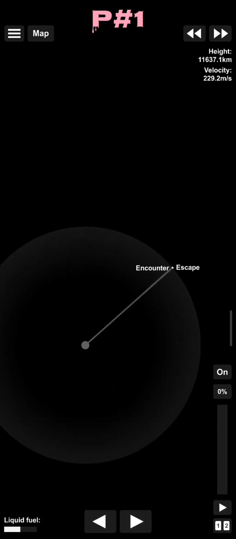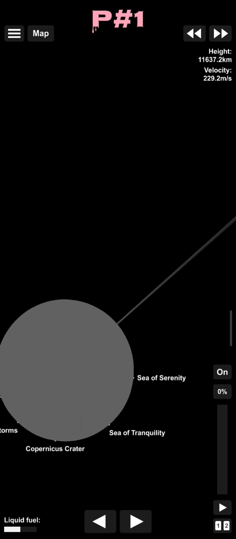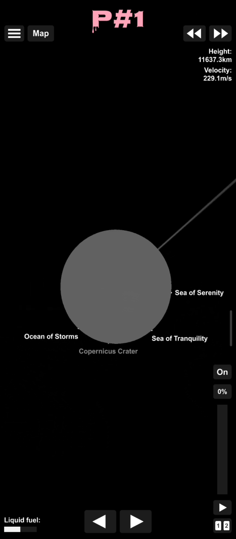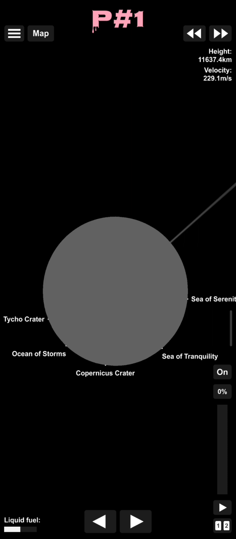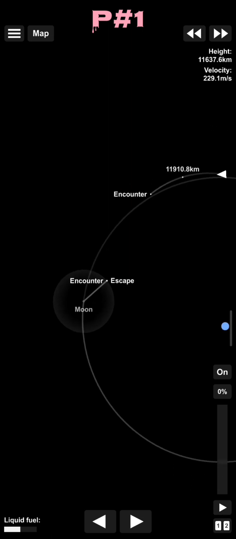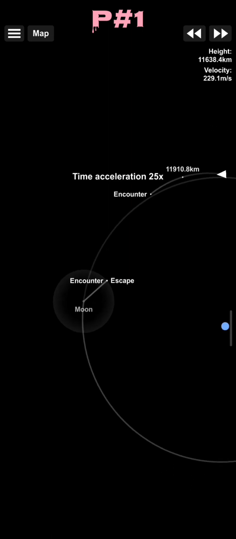Now I will show you some known places on the moon. There are 5 known places. To save our time, I am accelerating the time.